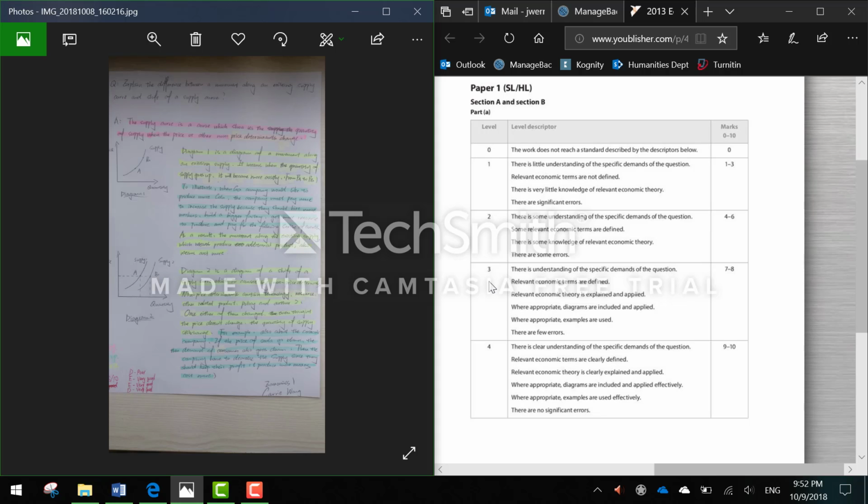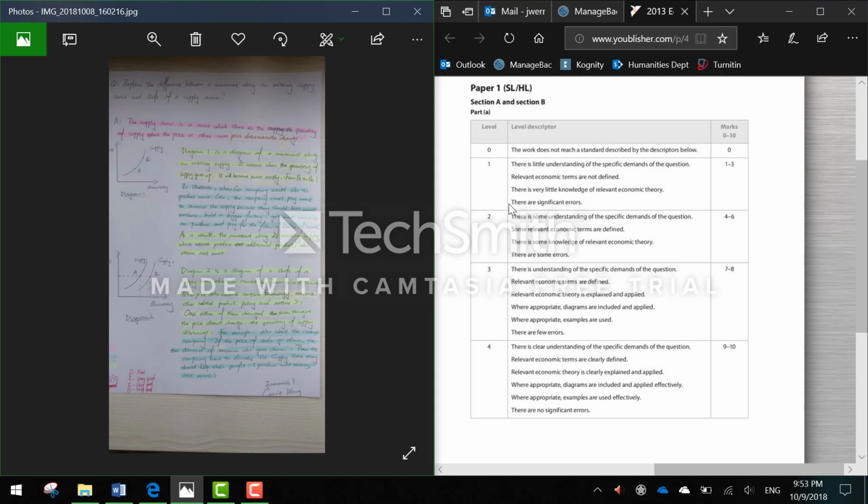And her examples, perhaps in level 3 if a teacher is generous, but some teachers or examiners might throw out this example altogether because it was incorrectly used for the non-price determinants and it wasn't super specific for the price change paragraph. So what we've seen recently with examiners is they're very, very strict on examples, and they'd most likely throw this example out.